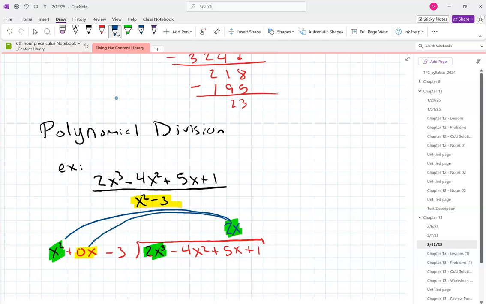Once I've figured out that first question, I'm then going to multiply that 2x to everything in the divisor, and then write the result underneath, and then we'll subtract down.